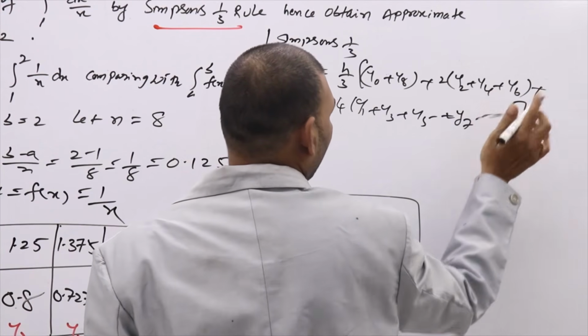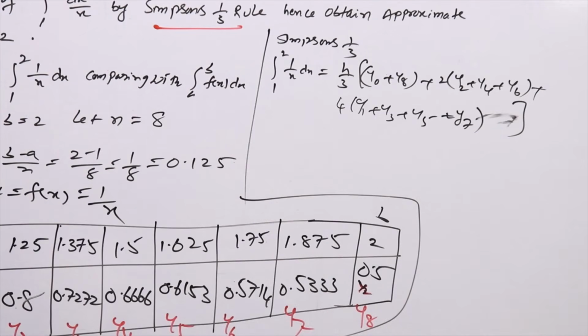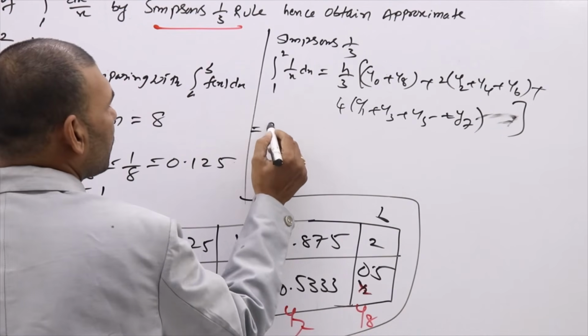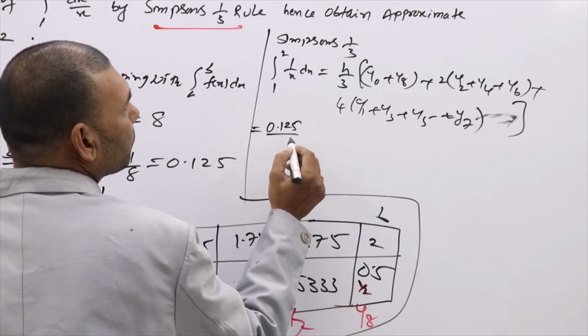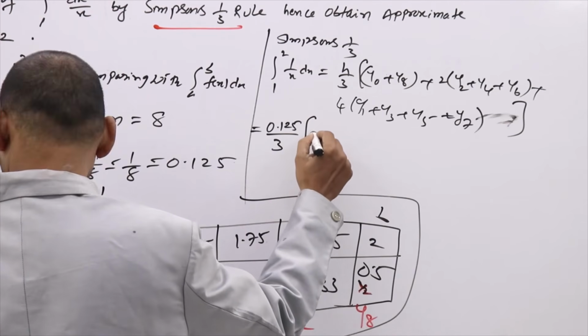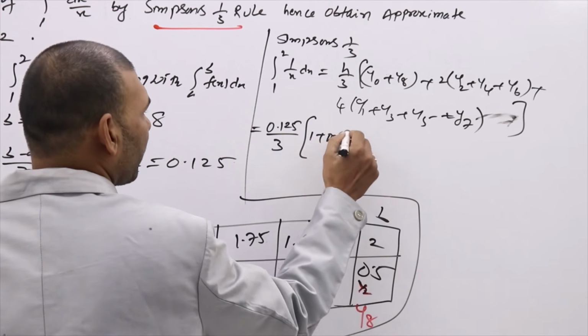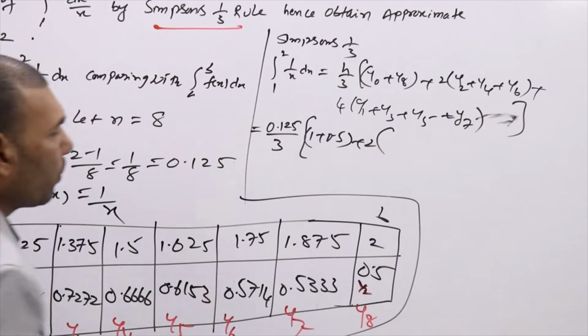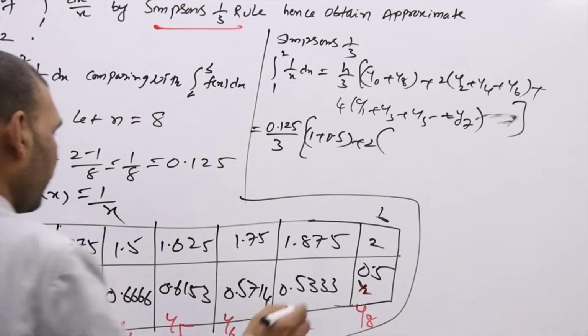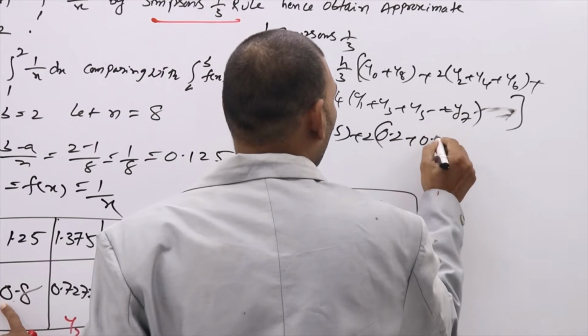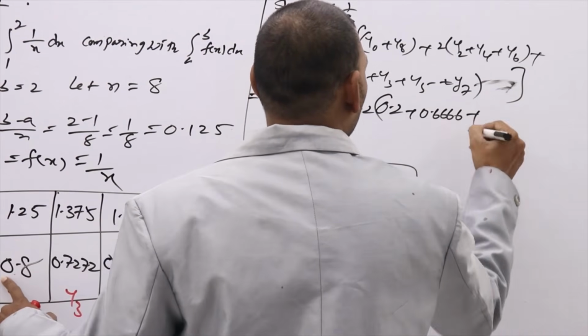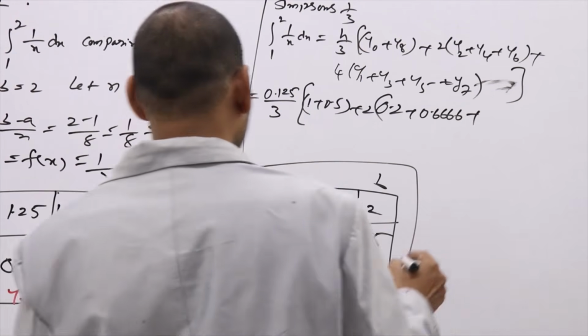We don't have y9, up to y7. Now h is 0.125 by 3, y0 plus y8, 1 plus 0.5, plus 2 into y2, y4, y6.